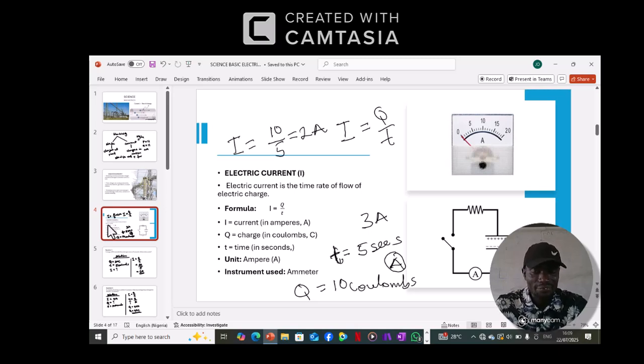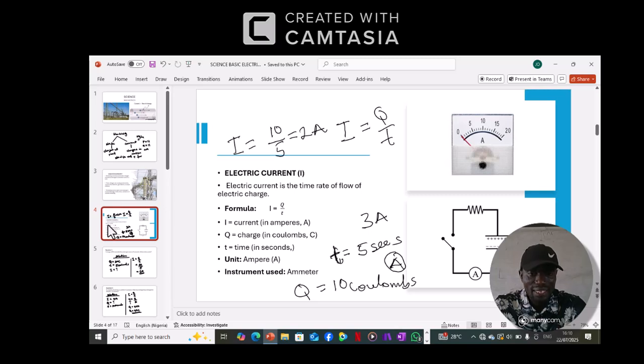If they are fast, then the current will be high. But if the rate is slow, it's not fast, then the current will be low. You understand?